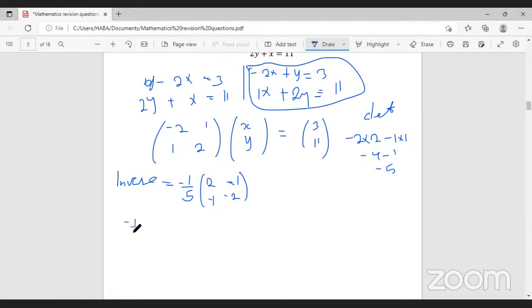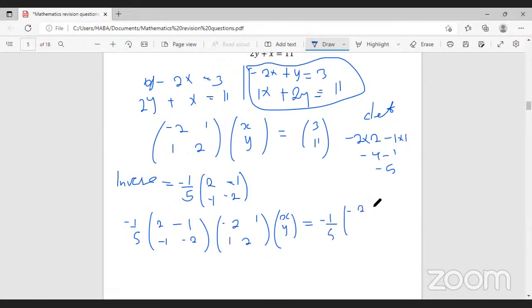So negative 1 out of 5 into 2, negative 1, negative 1, negative 2. So we are pre-multiplying, so we multiply by this. Negative 2, 1, 1, 2, then into x, y. And we still pre-multiply.